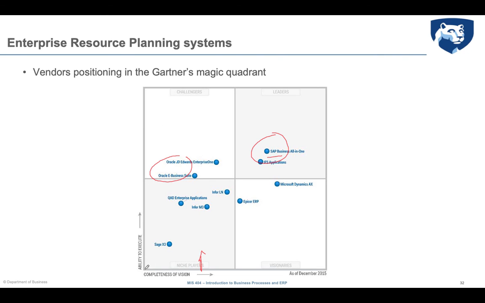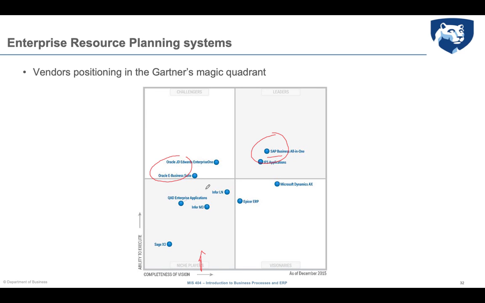So these two axes are easiness to execute the process through the ERP, and how complete are the modules provided. So SAP and IFS are very excellent in providing user-friendly applications, very complete in terms of process coverage. Oracle is very user-friendly, but it has fewer options than SAP.